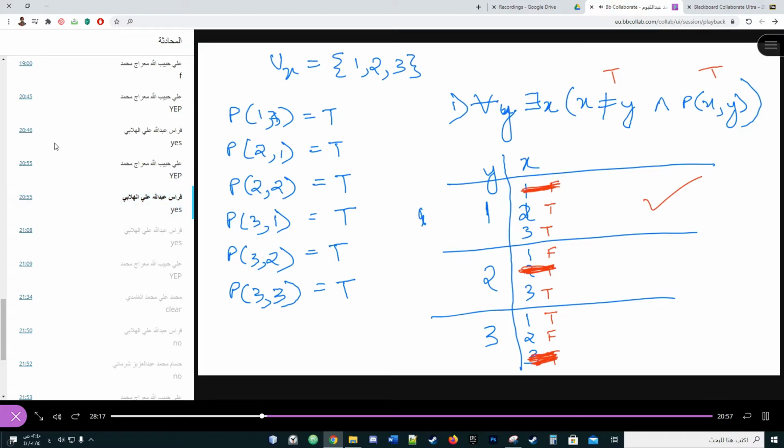Yes, it's true for this, and here it's true for this. Now for 3, do we have at least one x for which this is true? Very good. So we have it true for this. Which means for y1, y2, y3, for all y's, we have at least one x for which this is true. Is this clear?